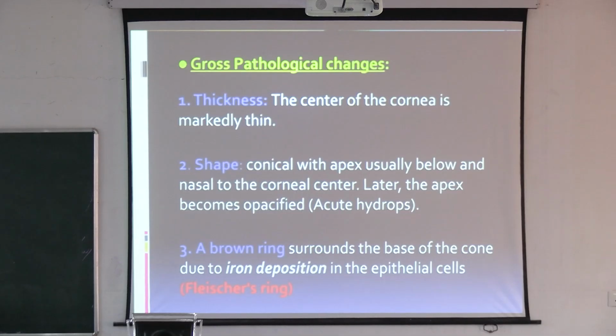Then gross pathological changes. There is thinning of the center part of the cornea, and it is markedly thin at the center, and the apex is cone shaped.